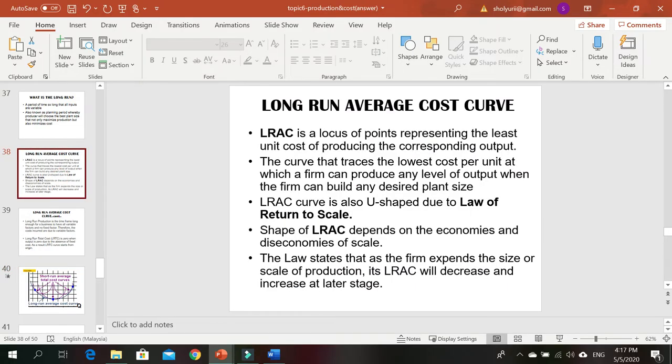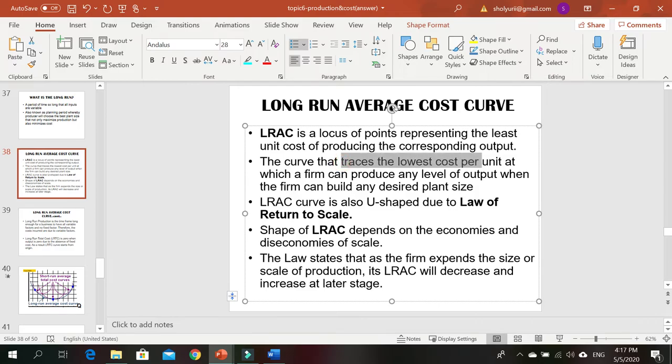That's why it says it is a locus of points representing the least unit of producing the corresponding output. The curve that traces the lowest cost per unit at which a firm can produce at any level of output whenever it can build at any desired plant size.